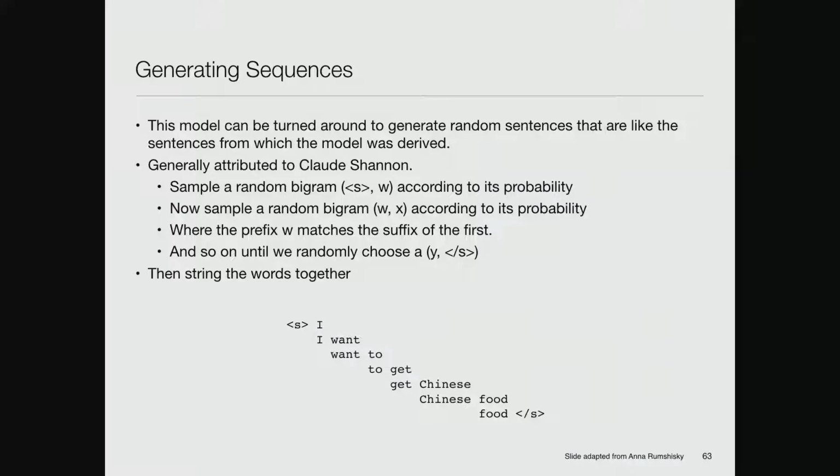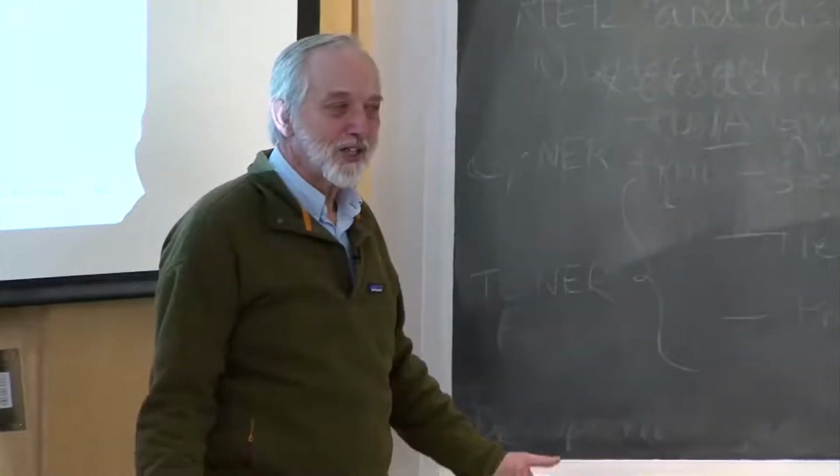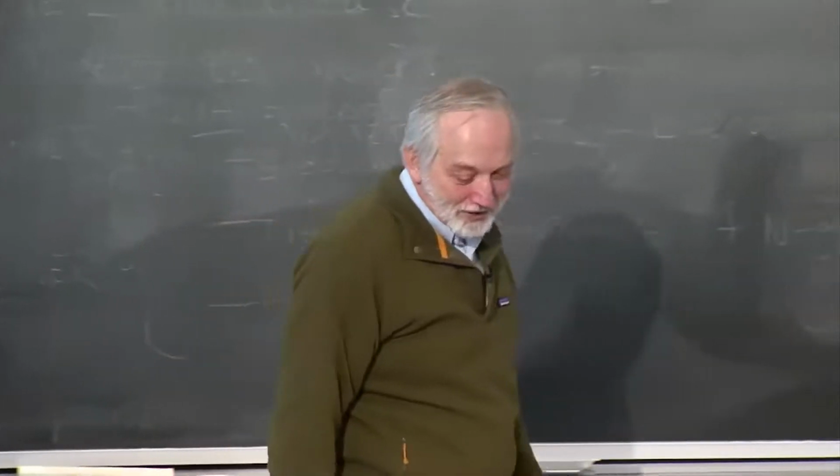Okay? So for example, here I'm generating the sentence, starts with I, then followed by want, followed by to, followed by get, followed by Chinese, followed by food, followed by end of sentence. So I've just generated, I want to get Chinese food, which sounds like a perfectly good sentence.